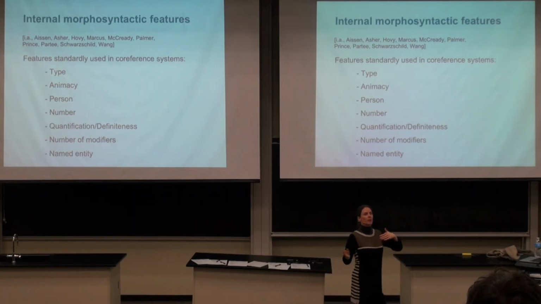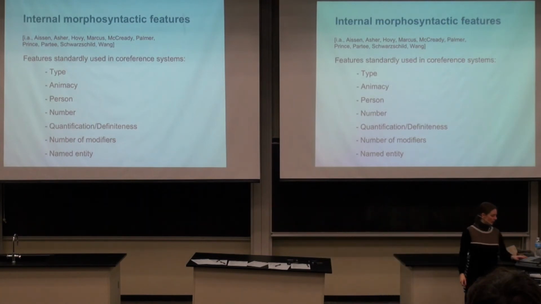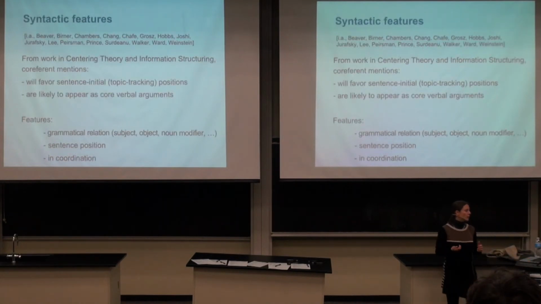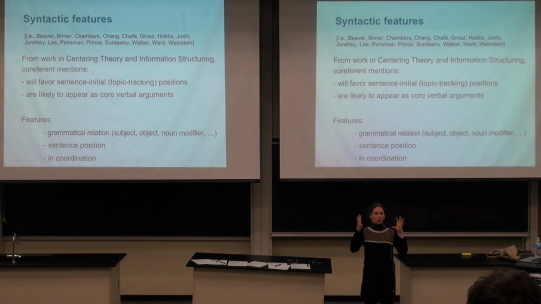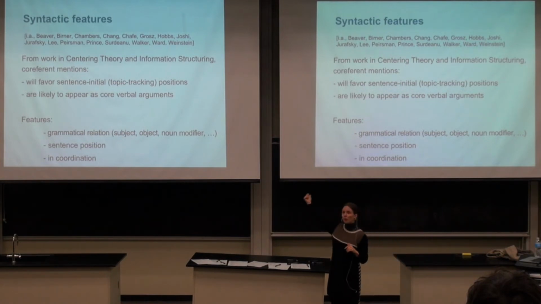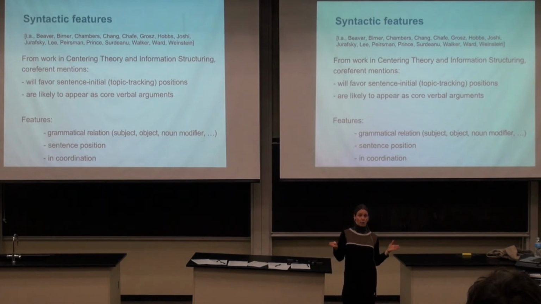So named entity is something like: am I a location, a place, a date, a percent, something that people in natural language processing look at. Then also syntactic features that adapt centering theory and information structuring. We know that usually coreferent mentions are going to favor sentence-initial position and also core verbal arguments.